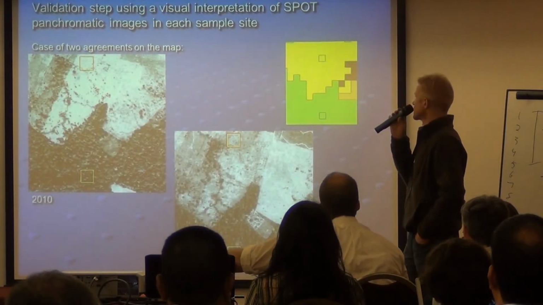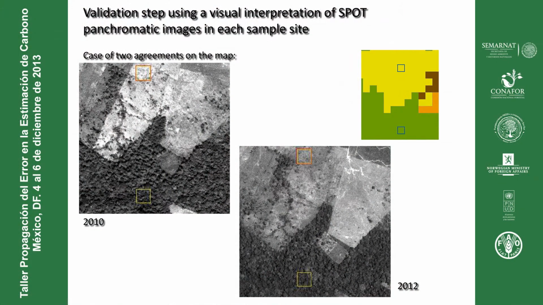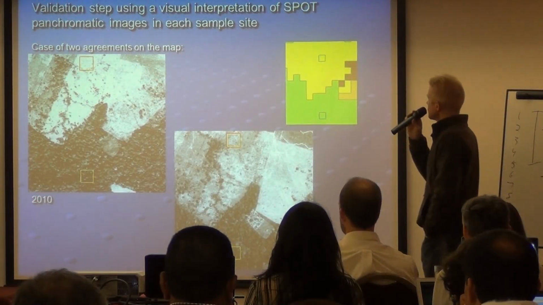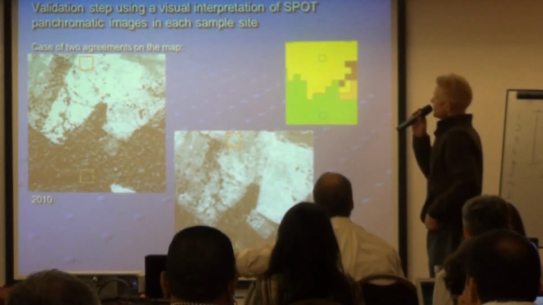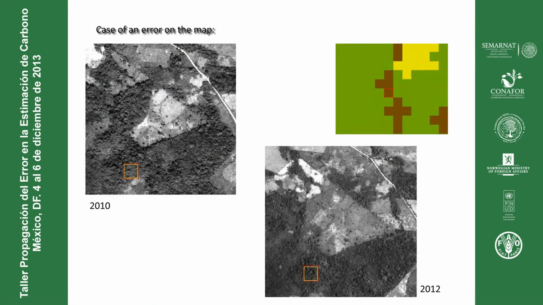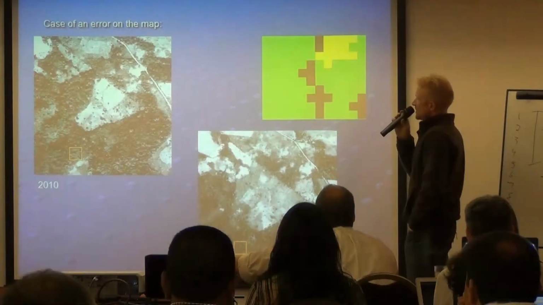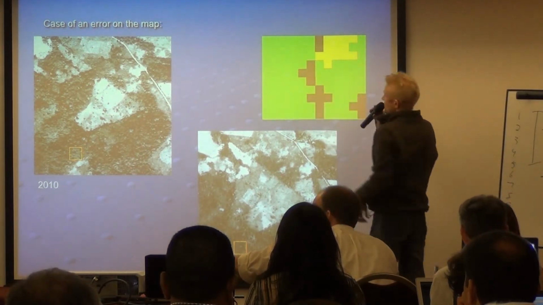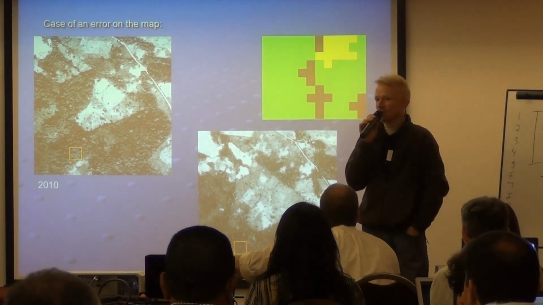which is illustrated here. This is a case of two agreements on the map of these 90 by 90 meter plots. There's the map. The case of an error on the map in this part, which was in reality forest and appeared as a deforestation pixel.